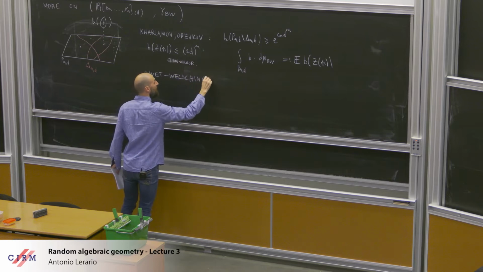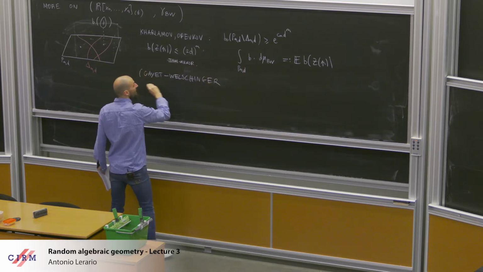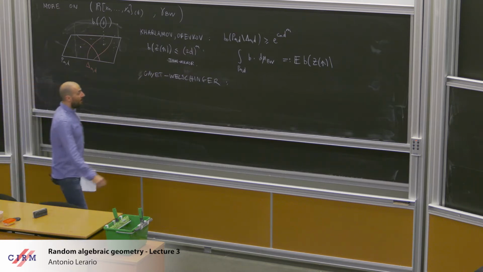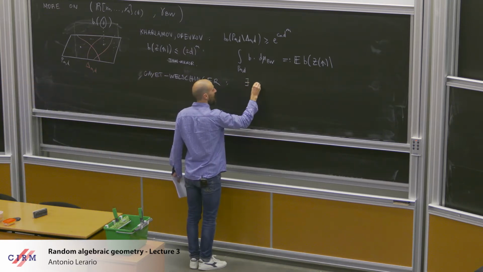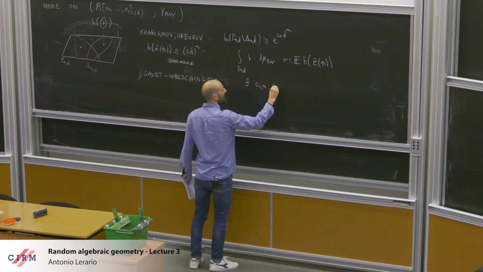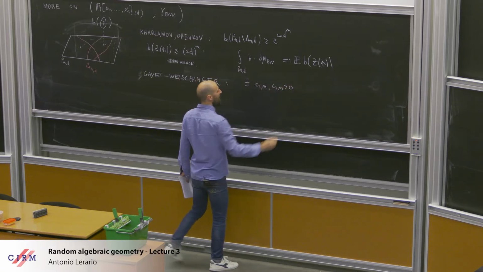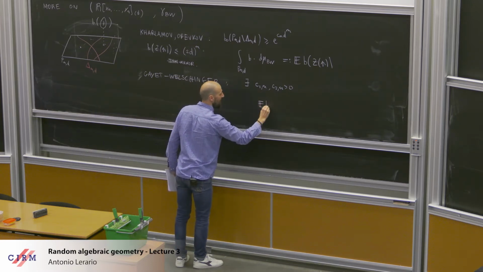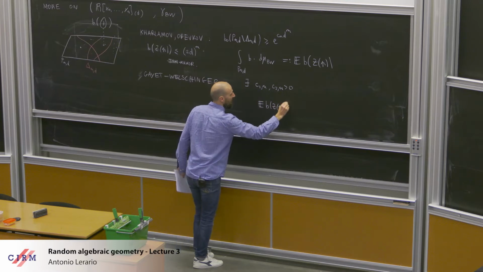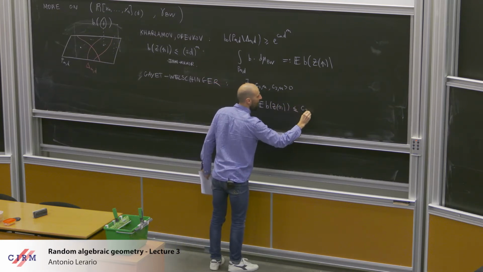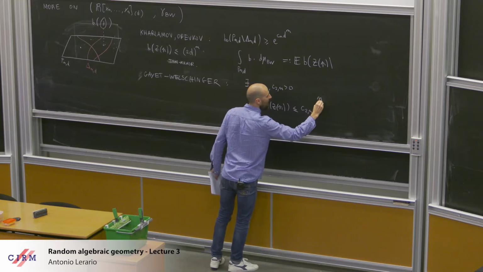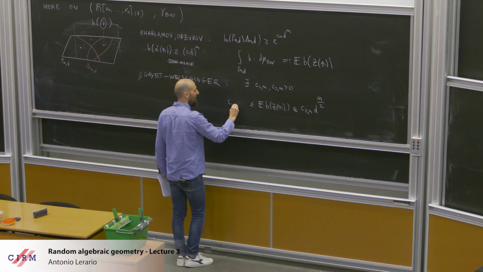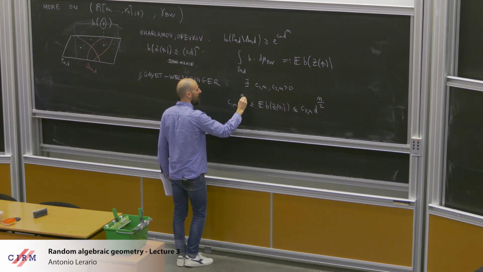So they proved that there are two constants, C1n and C2n, some positive constants, such that this function here is in between C2n d to the n over 2 and C1n d to the n over 2.